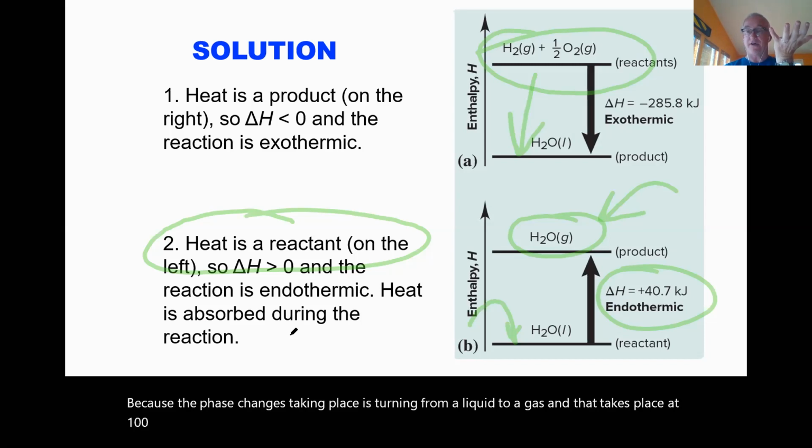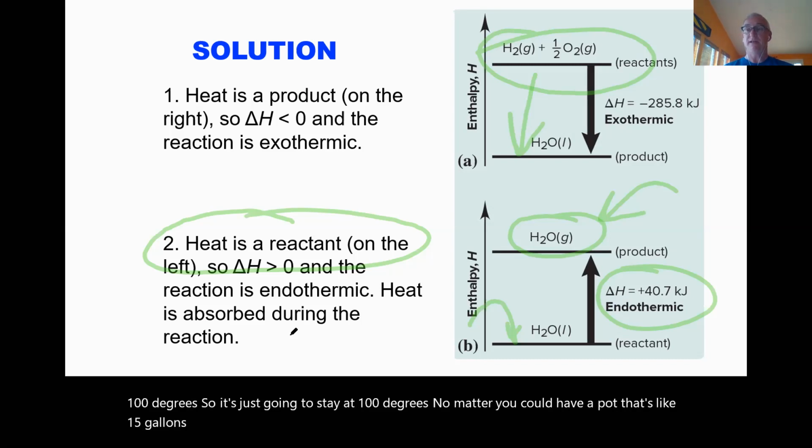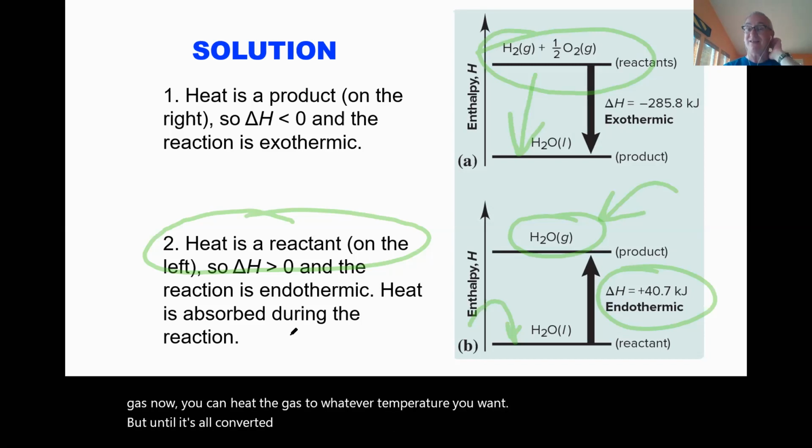You could have a pot that's 15 gallons big. It's going to stay at 100 degrees until all the liquid is gone. Now that you have gas, you can heat the gas to whatever temperature you want. But until it's all converted to gas, the liquid is still 100 degrees. Yeah, it's weird, but true.